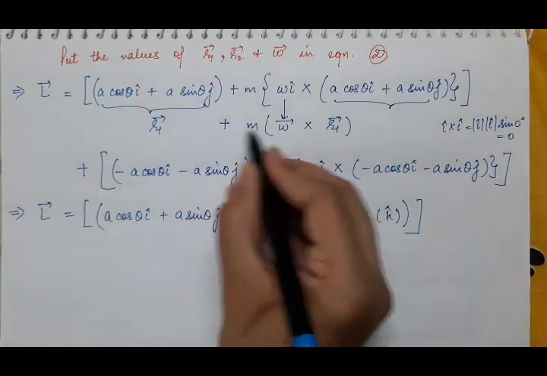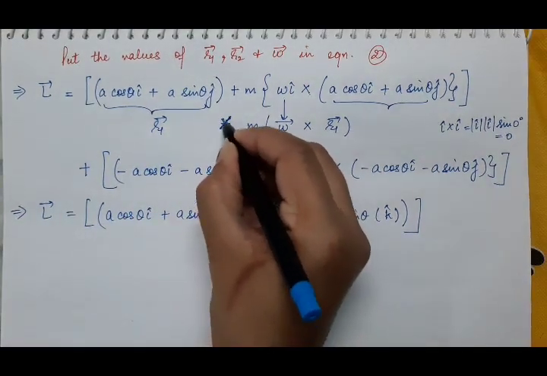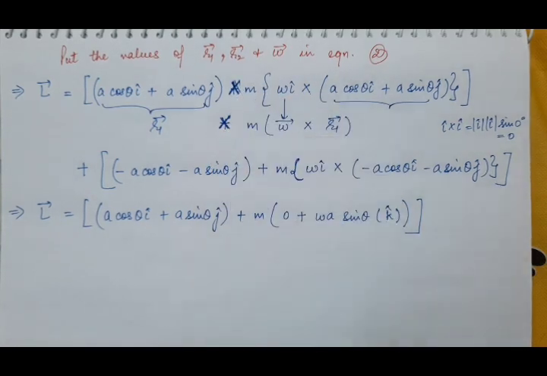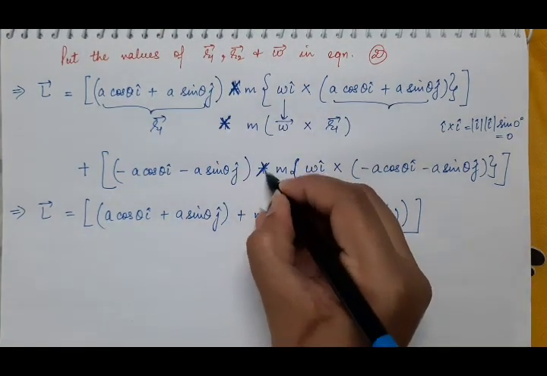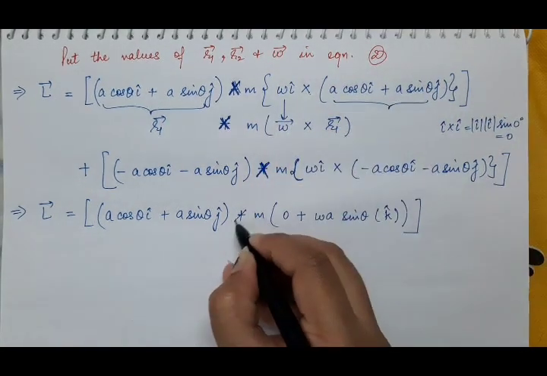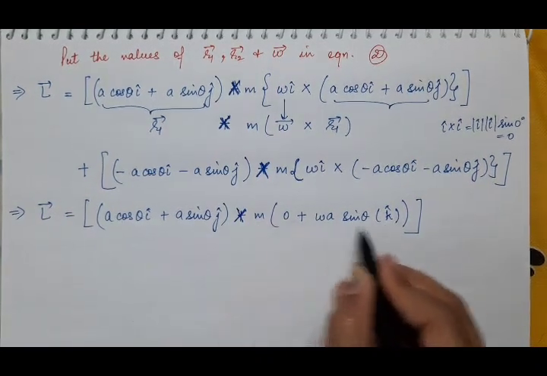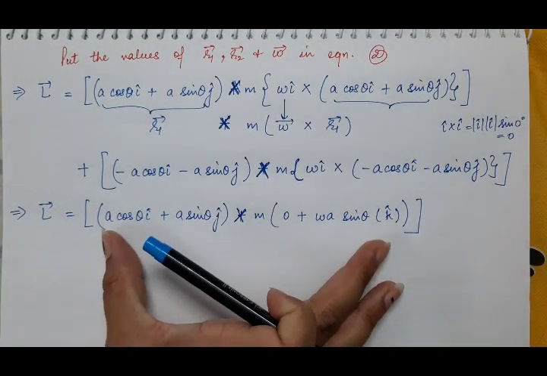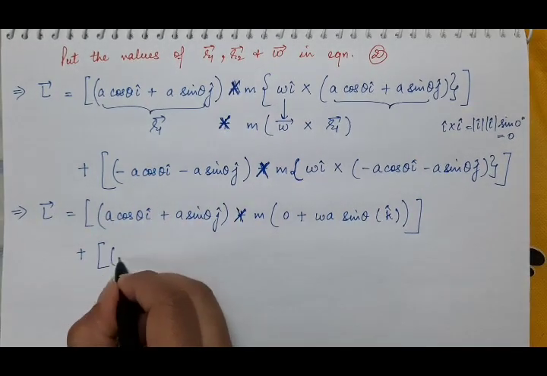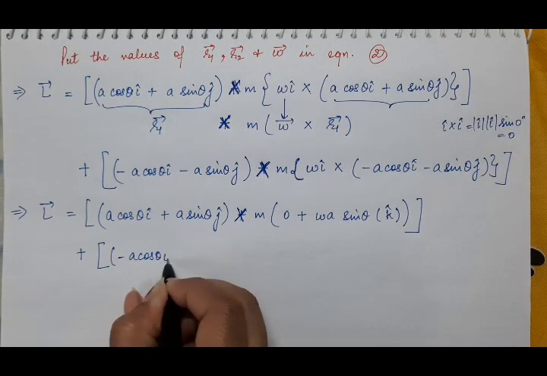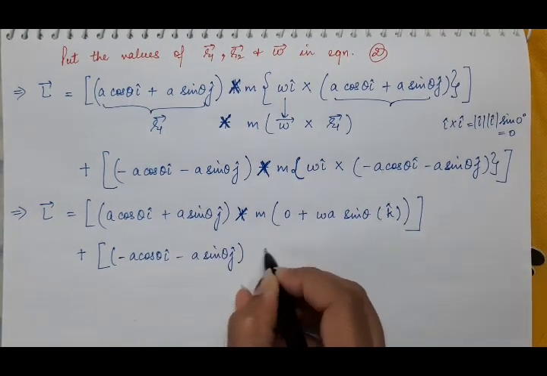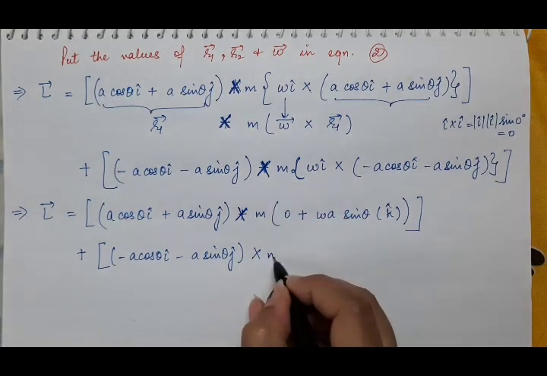Here we have r cross p, so we have a cross product. Here also we have a cross product. First we solved this cross product, which is equal to this, and now we will solve this cross product. So plus, write this as it is, minus a cos theta i cap minus a sin theta j cap cross product m.